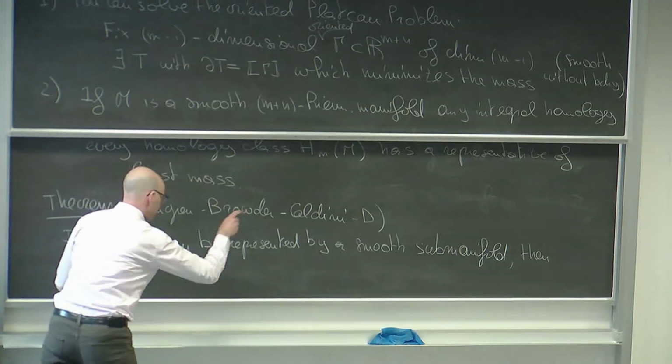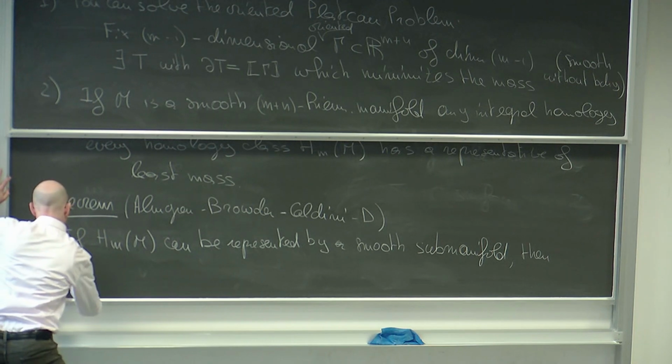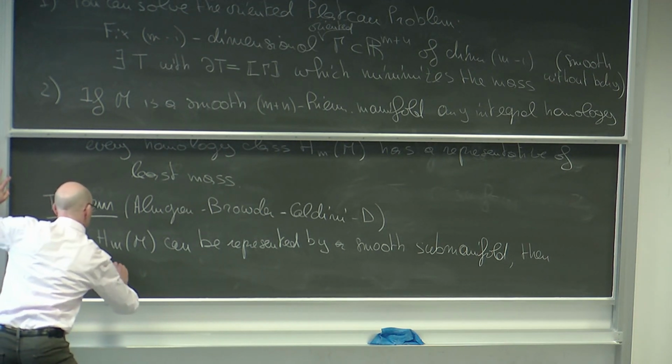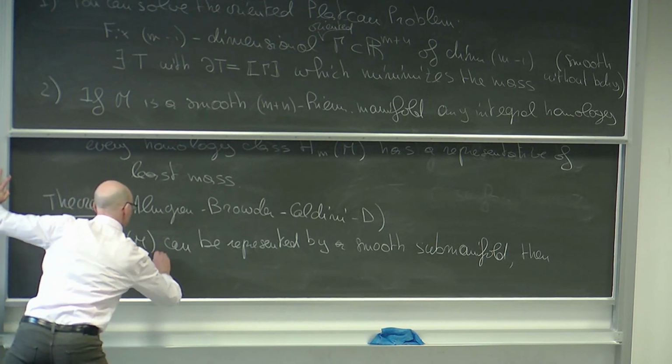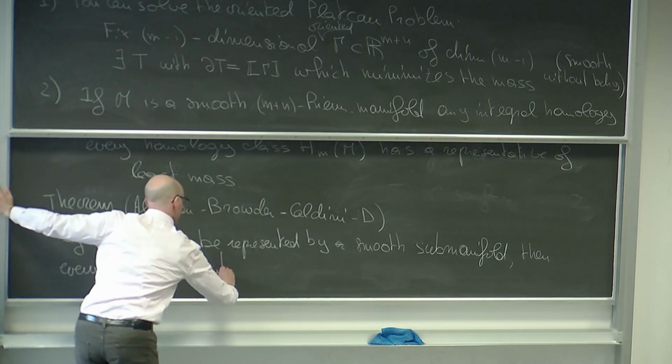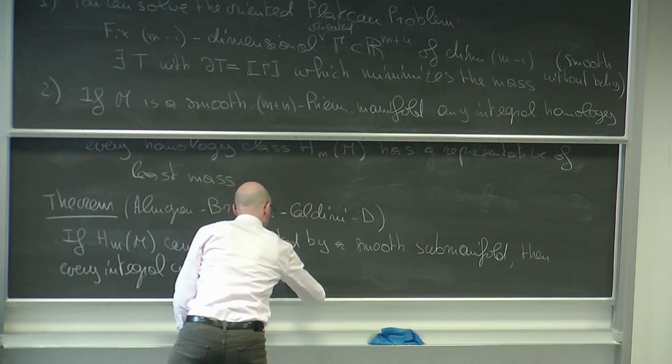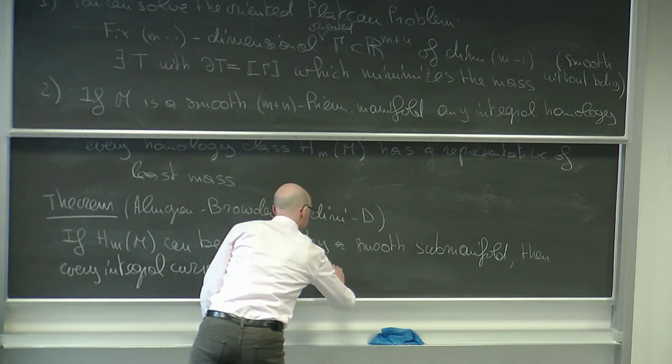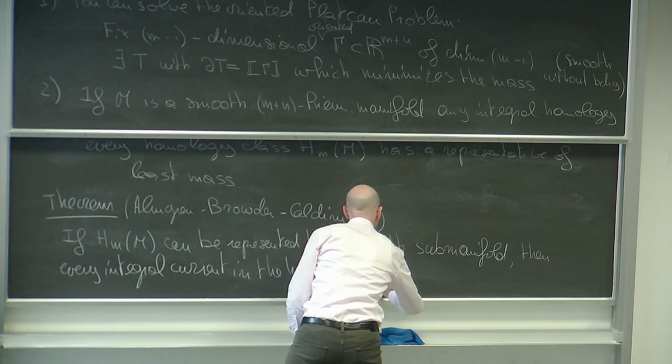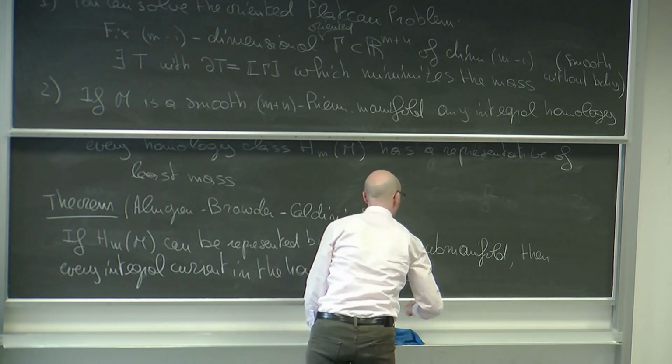Okay. So let me just say it over here. Then every integral current in that homology class can be approximated in volume by smooth objects.